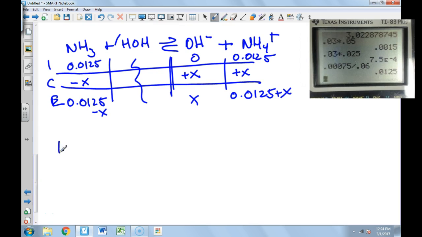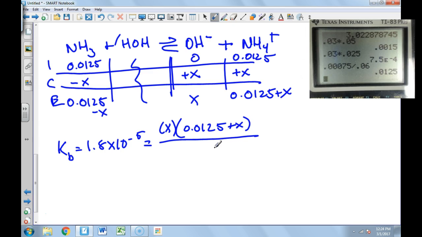So now we can solve for x. So Kb, which equals 1.8 times 10 to the minus 5, which equals the products, x times 0.0125 plus x, all over 0.0125 minus x.